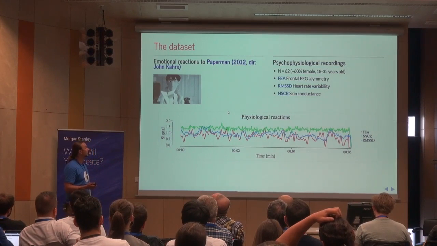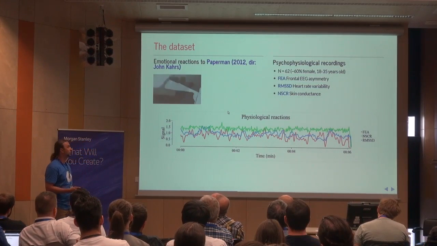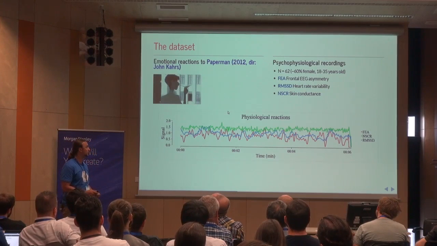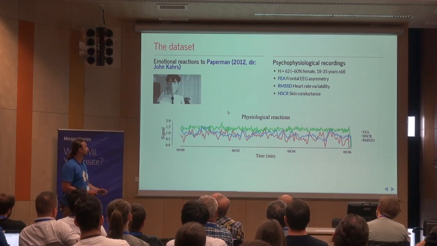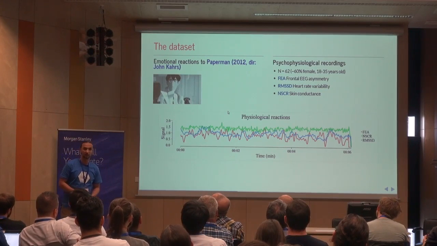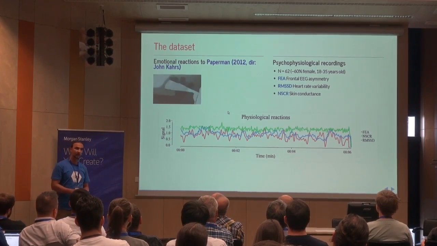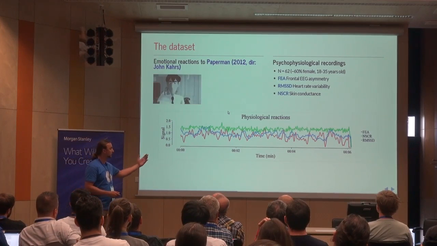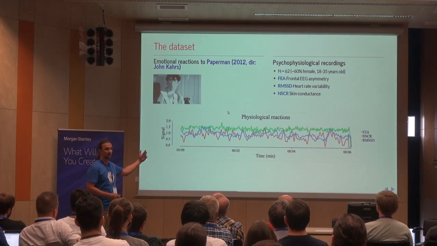We used the physiological recordings of 62 participants, their reactions to the Paperman video, a Walt Disney Oscar-winning short from back in 2012, and we recorded FEA, RMSSD, and NSCR.